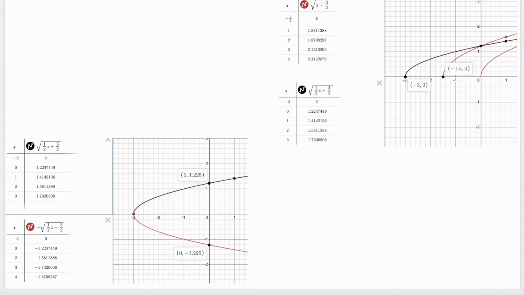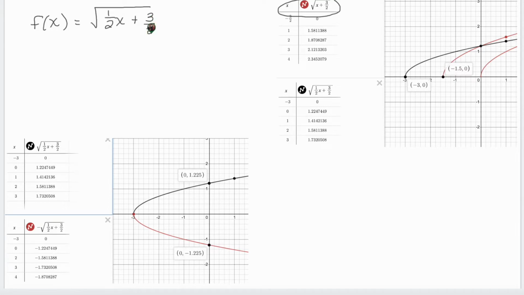On this next slide, I have the starting point with my new red line of x plus 3 halves underneath the square root. Now I need to look at, from where we left off, what comes next. What comes next is putting in the 1/2 with the x plus 3 halves.